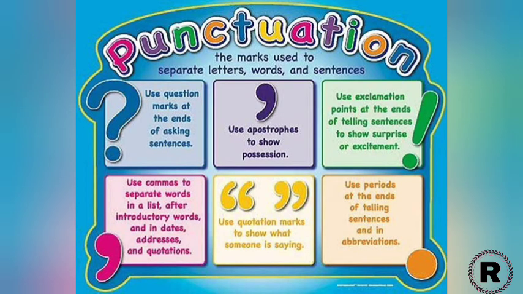So let's revise again that punctuation marks are used to separate letters, words, and sentences. This is the basic thing: punctuation is used to clarify the meaning of a sentence. At the end you can see once again the question mark, the apostrophe, the exclamation sign, comma, quotation marks.